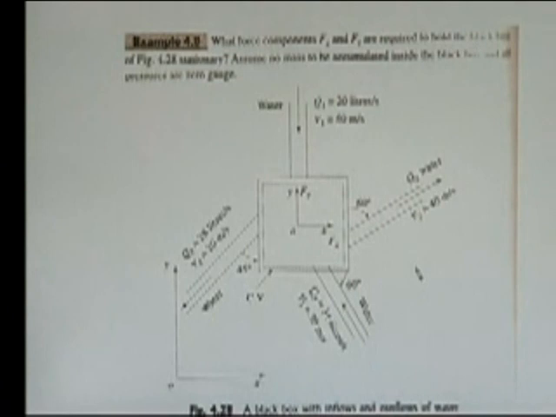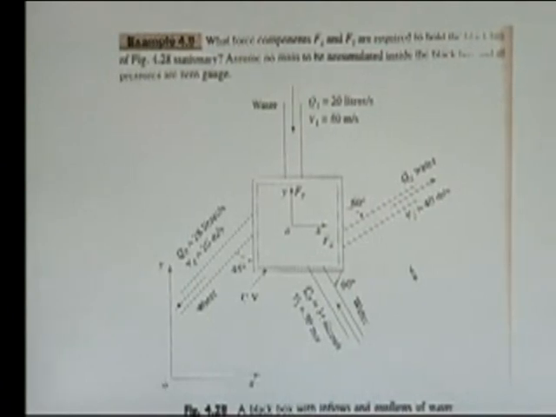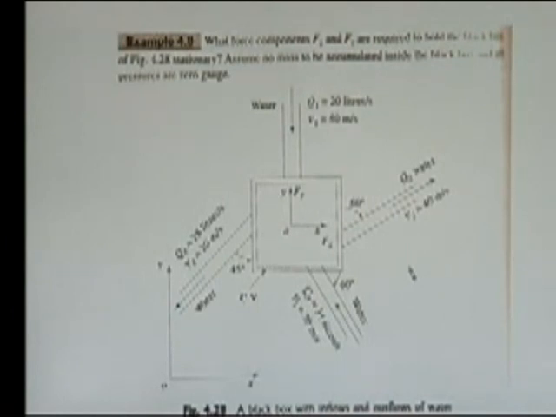So, how can you write equation for this problem? Now, in this case first we have to assume a control volume. So, this control volume is selected here, and on this control volume we apply all the forces on the fluid. This is Fx and this is Fy due to the surface on the fluid.